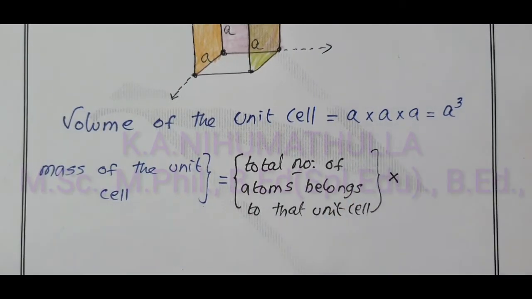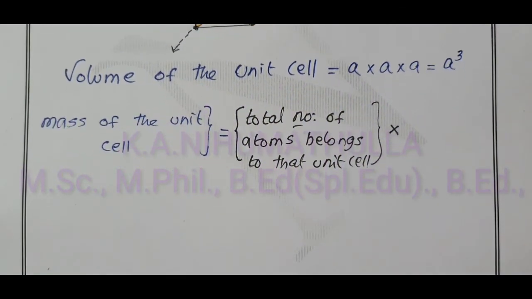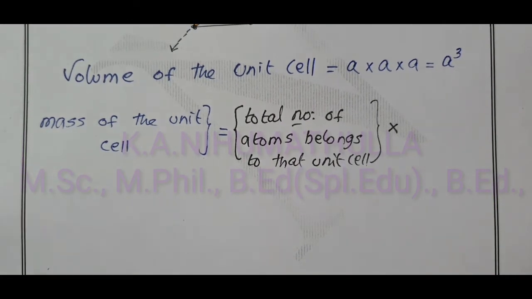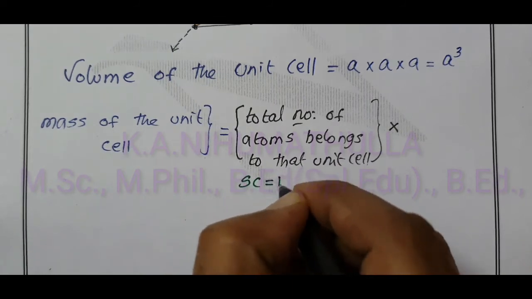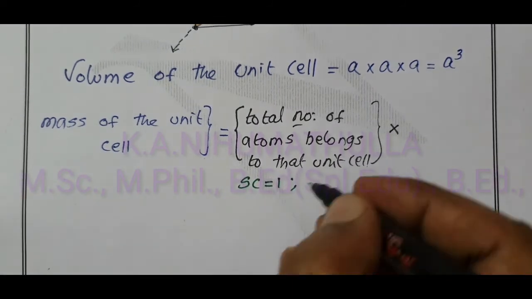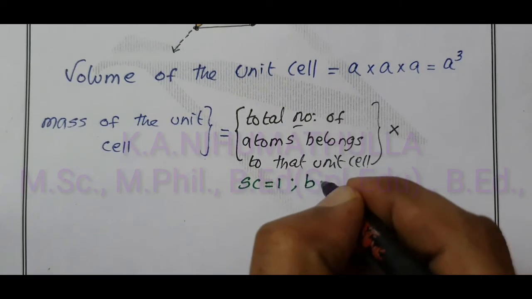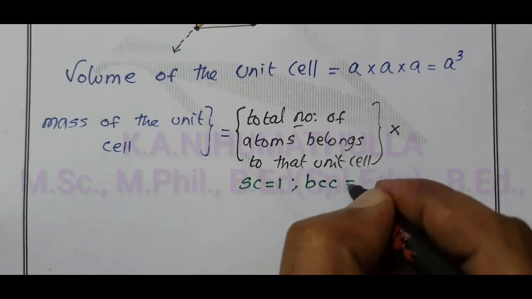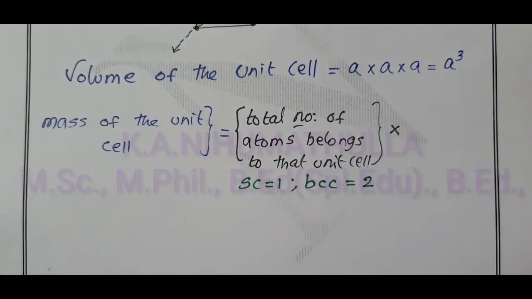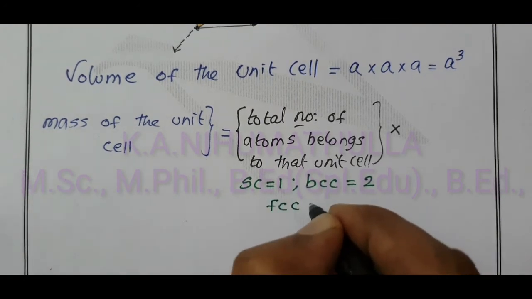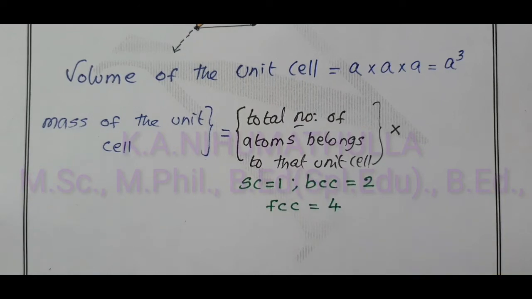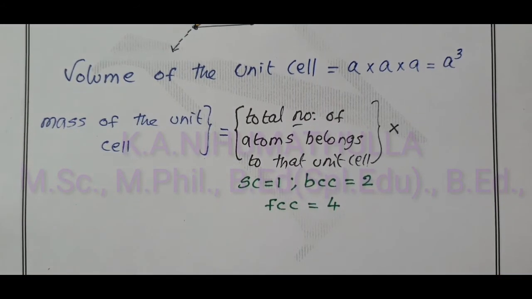What is the total number of atoms belonging to that unit cell? If your unit cell is simple cubic, total number of atoms equal to 1. If your unit cell is body centered cubic, total number of atoms equal to 2. If the given unit cell is face centered cubic, total number of atoms are equal to 4.